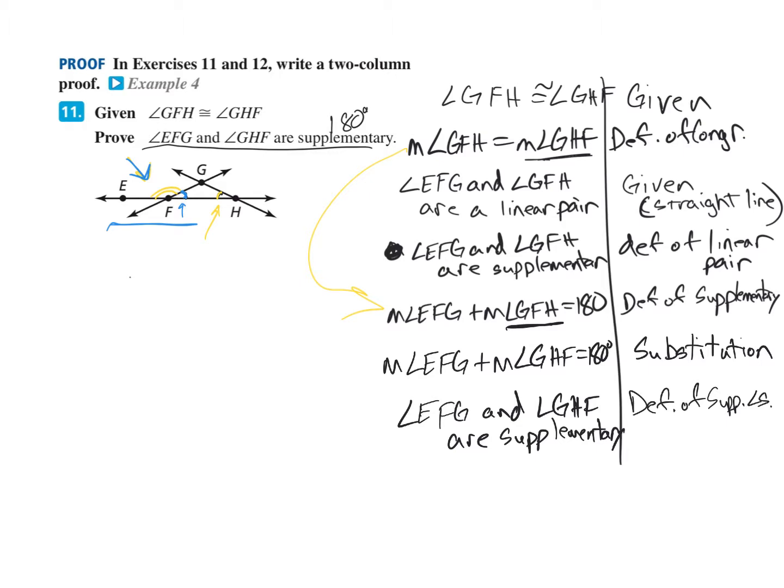Okay, so one step leads to the other, and a lot of times you go from a picture being congruent to their measurements being equal, and sometimes you go the other direction. So you say that something is supplementary, then that means their measurements must add up to 180. They go hand in hand.